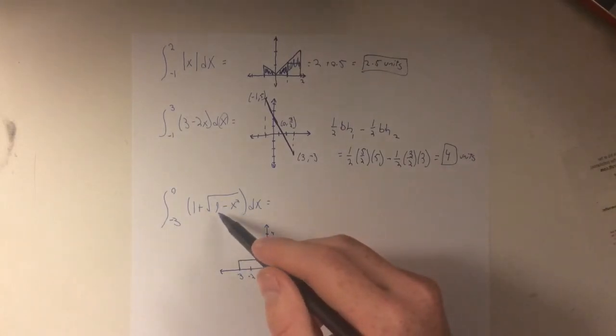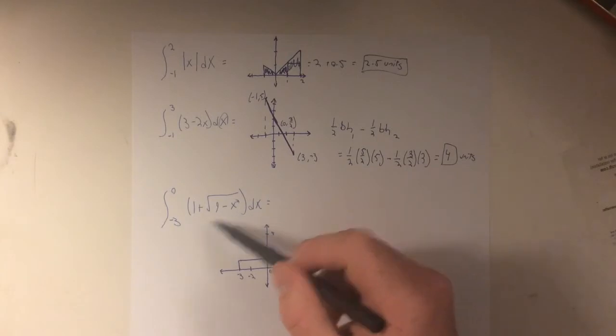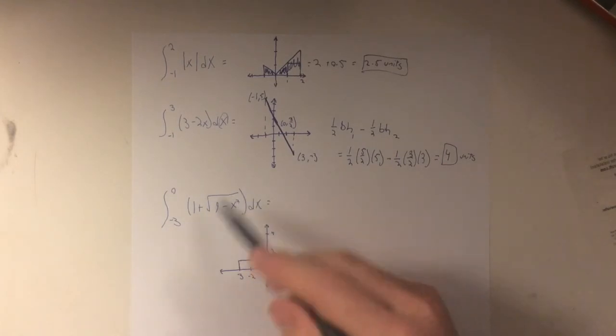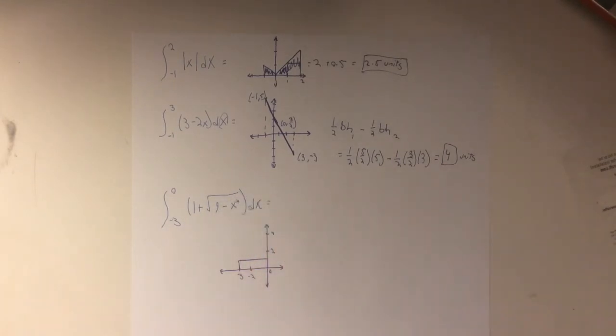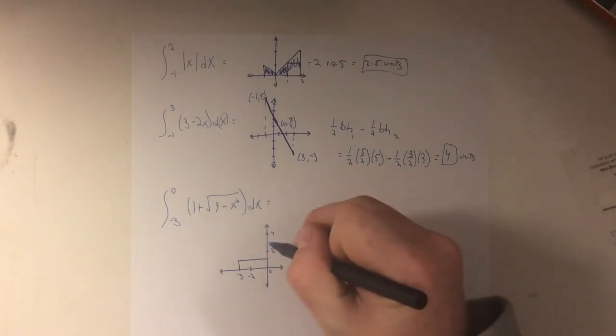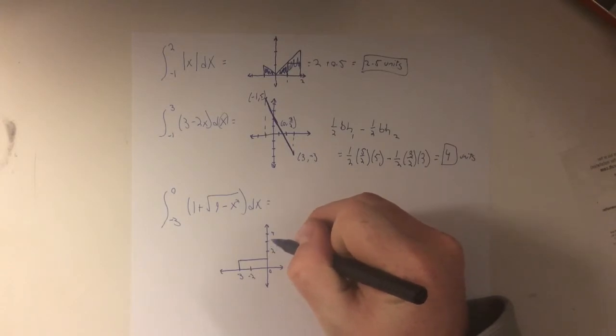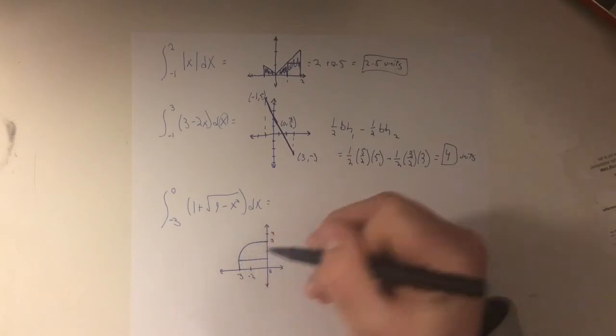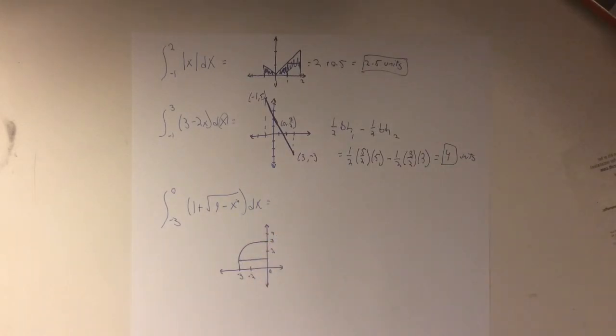But it's going to have a radius of 3 because, remember, this equation is going to pop up a lot on tests, and we have to remember that this is an equation for a circle. So we have a radius of 3. We get our semicircle. It's more or less a semicircle.